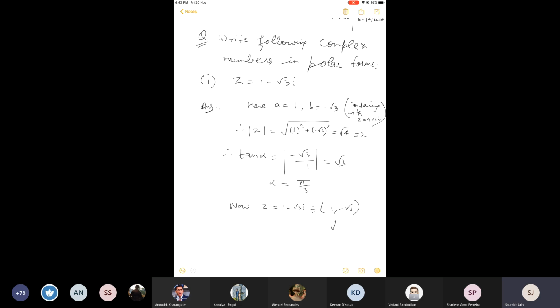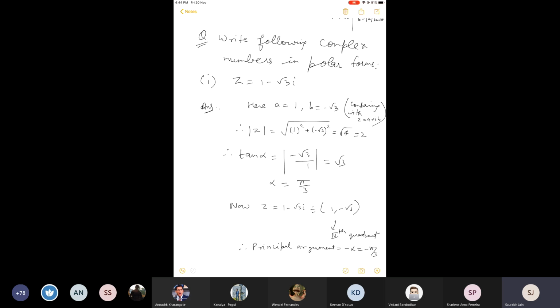Real positive, imaginary negative. I think it is in fourth quadrant. It is like x positive, y negative, right? Fourth quadrant. And if you remember from the previous class, the principal argument in fourth quadrant is equal to minus alpha, and this comes out to be minus pi by 3.